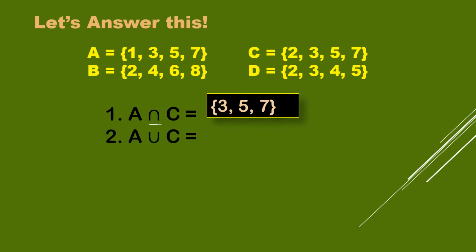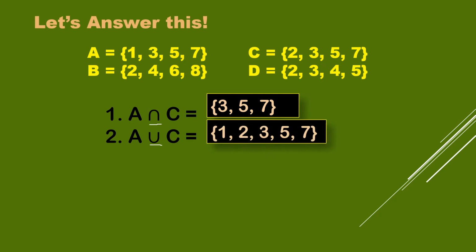Number 2. A union C. So, ano yung mga elements na i-combine natin? A and C. So combine all the elements of set A and set C. We have 1, 2, 3, 5, and 7.